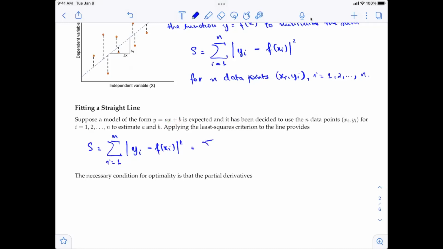So this is the summation for i going from 1 to n of y sub i minus (a x sub i plus b), squared.